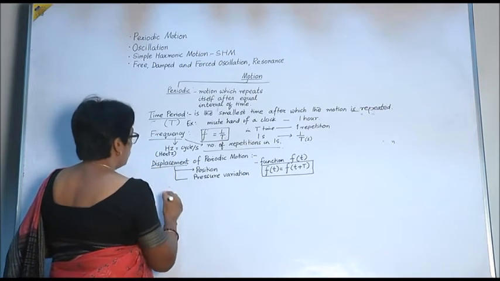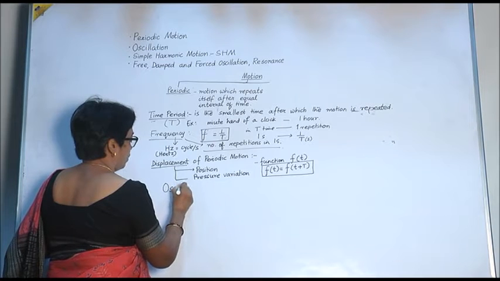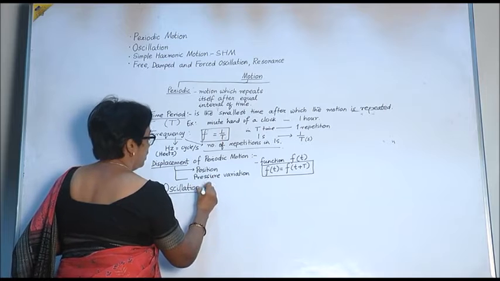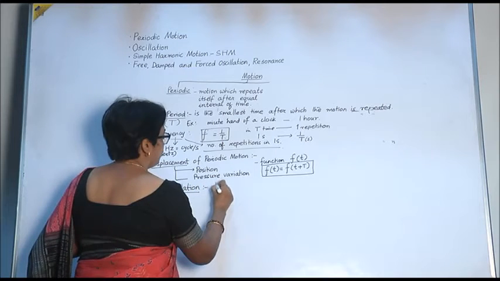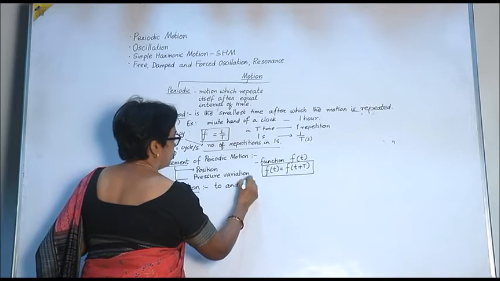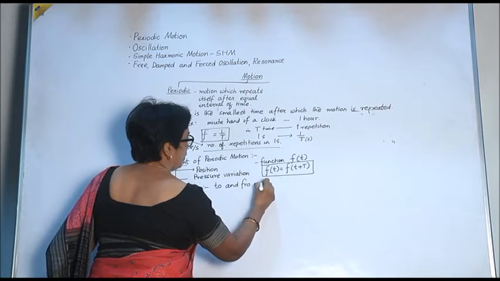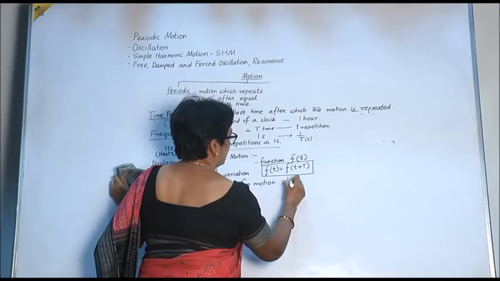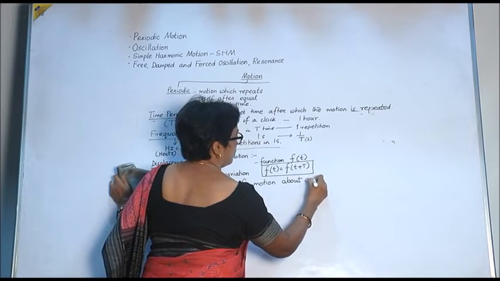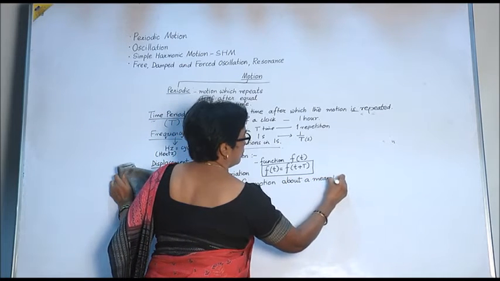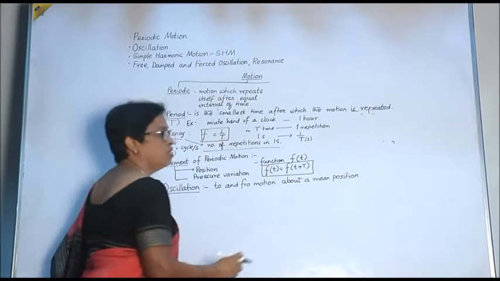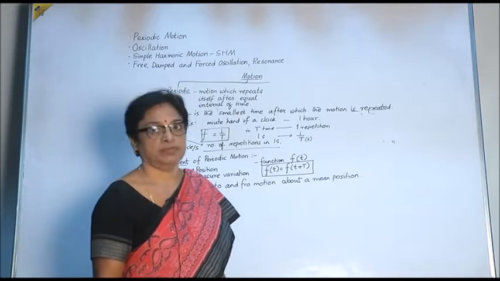So, now we move over to oscillation. When a body undergoes to and fro motion, as I have already told you, about a mean position, we say that the body is undergoing oscillation.